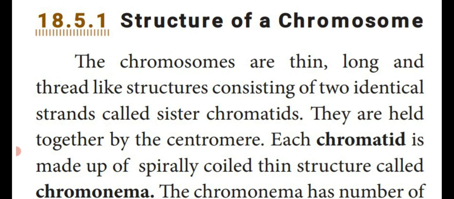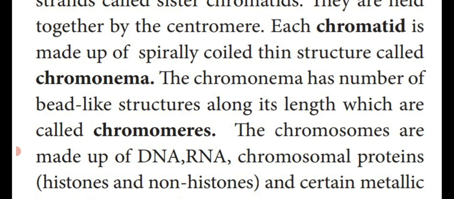These two chromatids are joined together with the help of the centromere. Each chromatid is made up of a coiled structure known as chromonema. This chromonema has a number of bead-like structures along its length known as chromomeres.